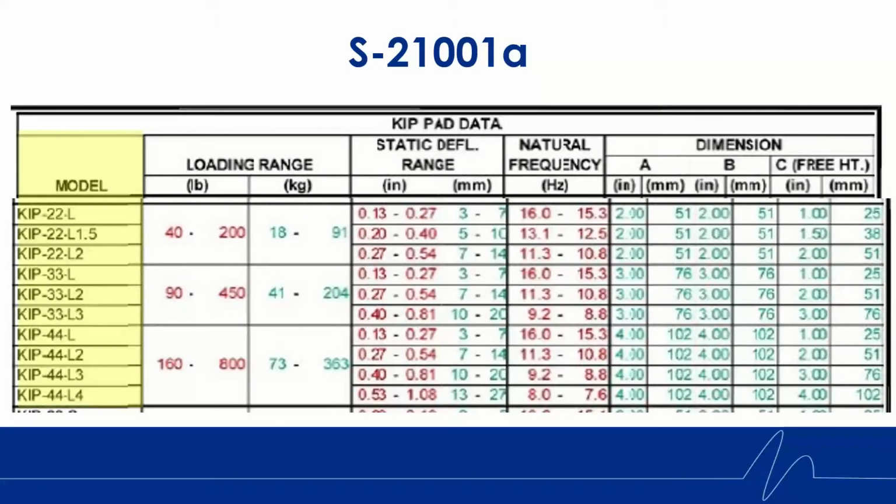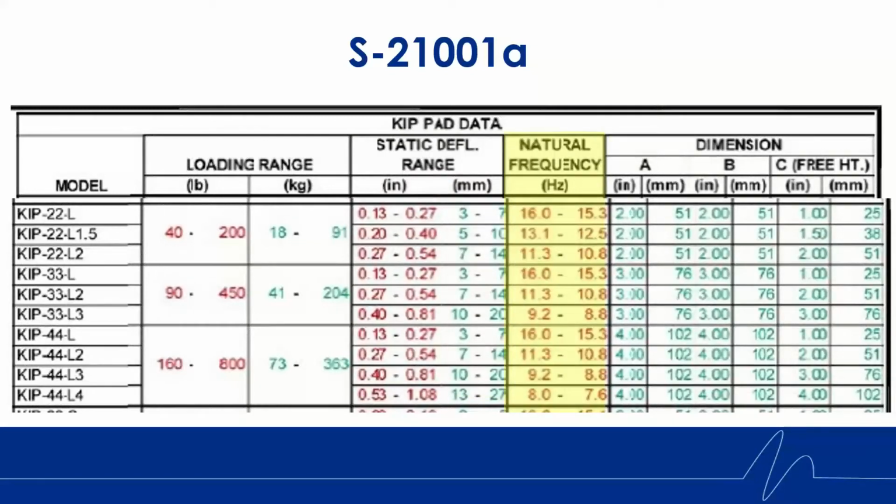In this column, we have the model names, which should look familiar from the previous section of identifying a KIP isolator. Next is the loading range in pounds and kilograms, static deflection range in inches as well as millimeters.